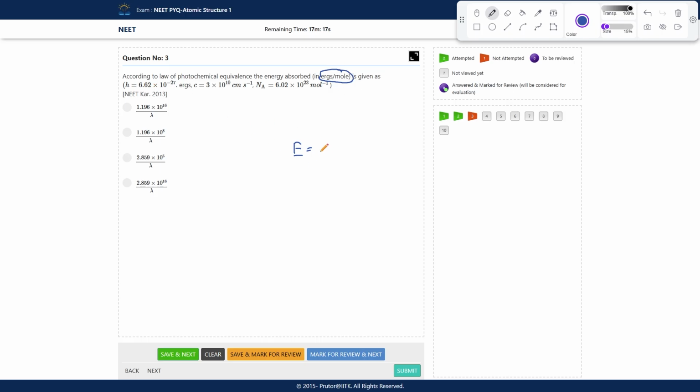Now, if you want to calculate energy with this, you have to use hc by lambda. But we have been given the value of c, we are given the value of h. What about the lambda? Any guesses? What will be the correct answer? You have to calculate in terms of per mole.